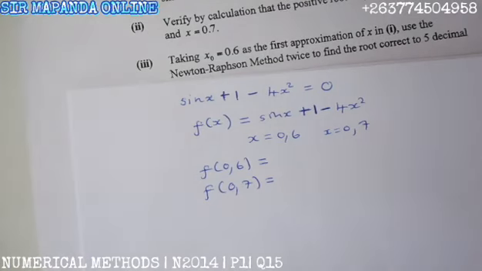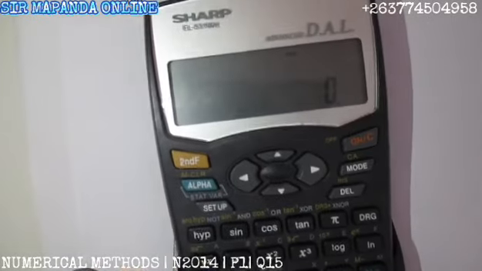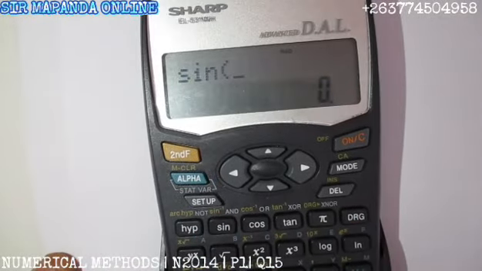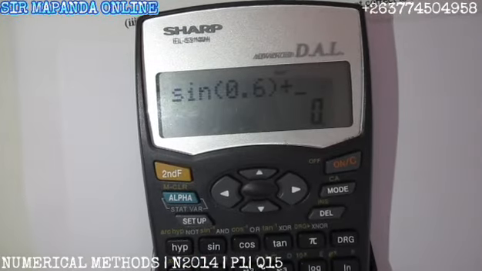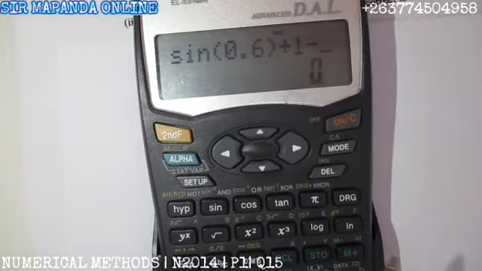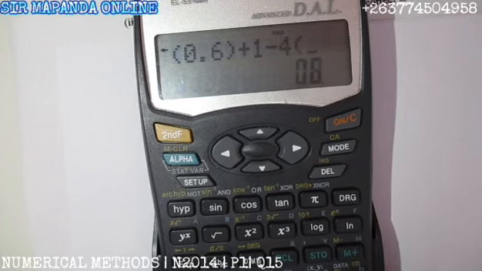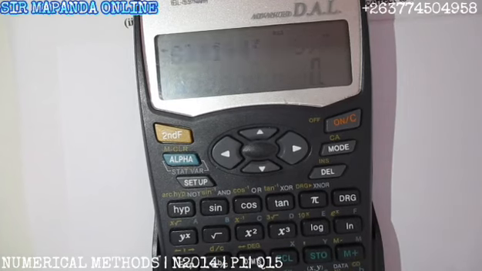Sign change. If we have a positive and a negative, it means the root lies between 0,6 and 0,7. So I'm going to substitute sin(0,6) + 1 - 4(0,6)². What do you get?